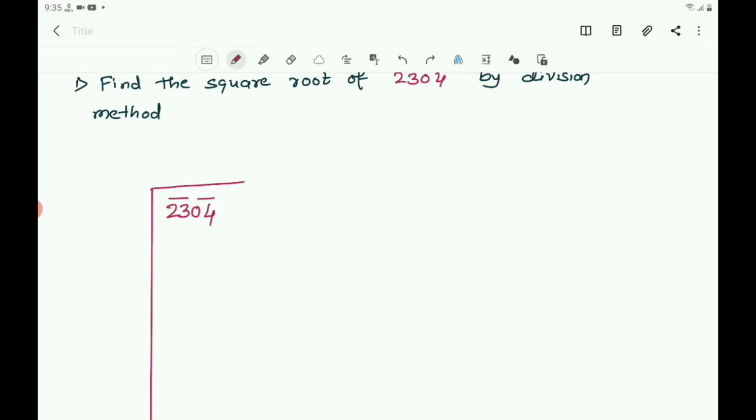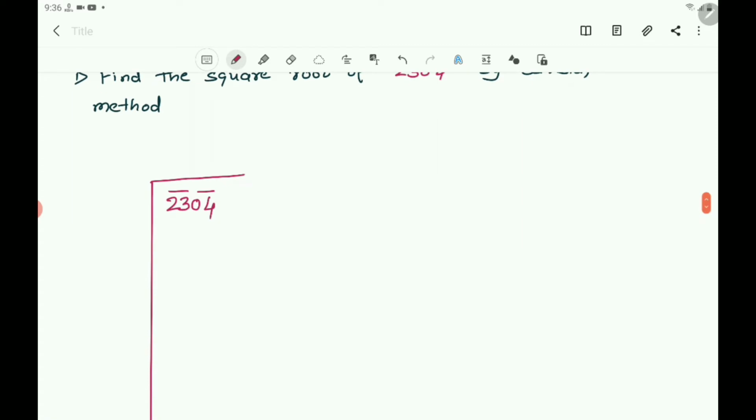You know that 23 is not a square number, but 4 4s are 16, and 5 5s are 25, which is greater than 23. So we have to take 16.